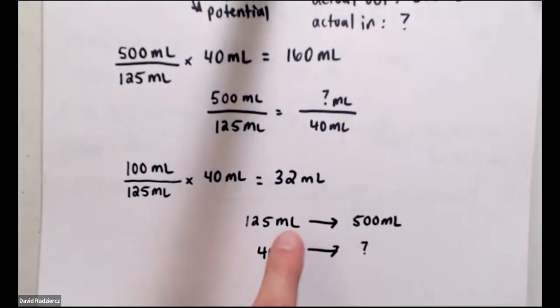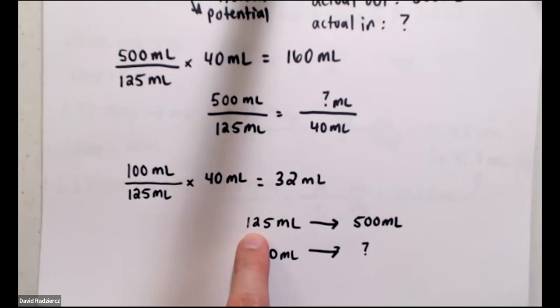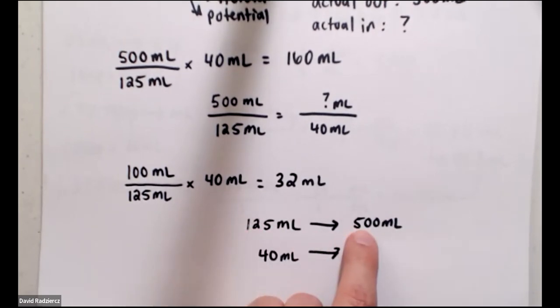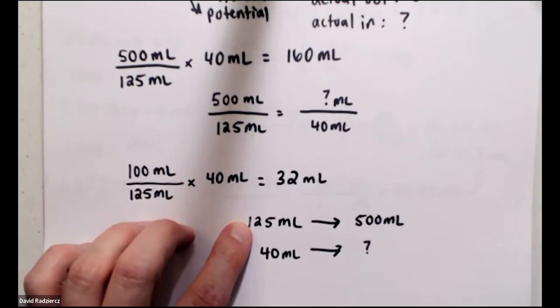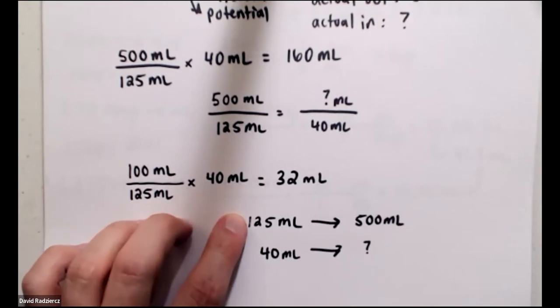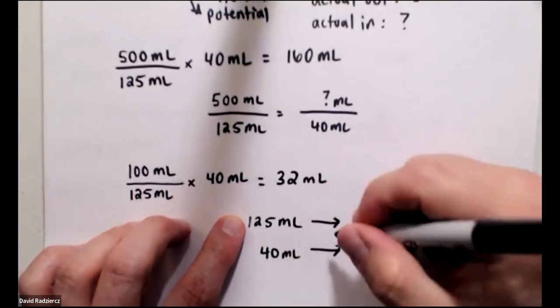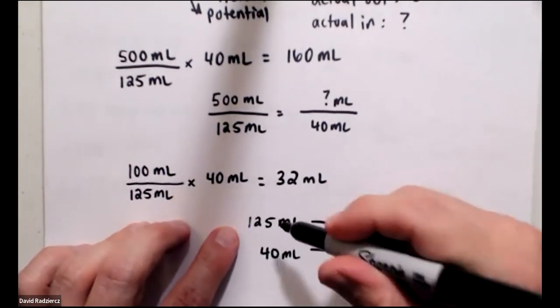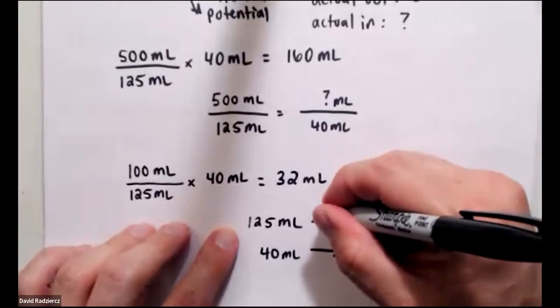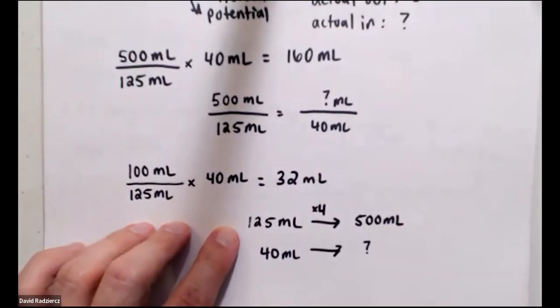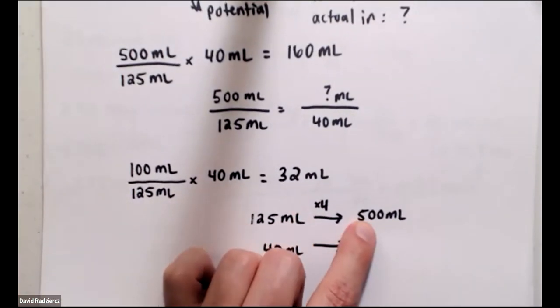What I'm looking for is what happens as I go up to 500 milliliters. And so all I said was, if I go from 125 and I double that, it'll be 250. If I triple that, it's 375. And if I quadruple that, that's 500. So I can do that one of two ways. I can take the 500 milliliters divided by 125, which is what we're doing here. And that gives me a multiple of 4. So 125 times 4 gives me 500 milliliters.